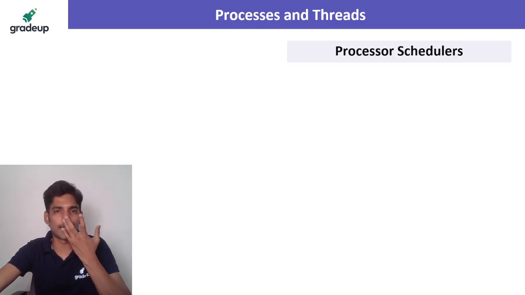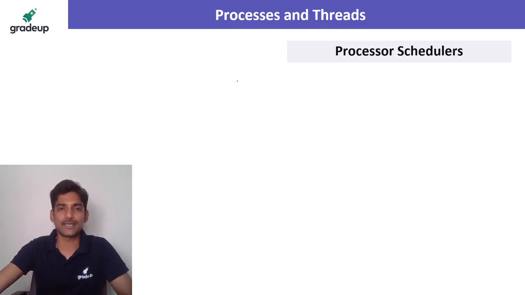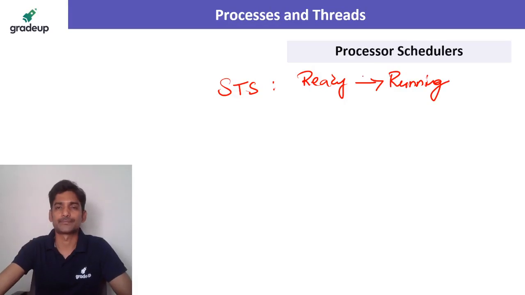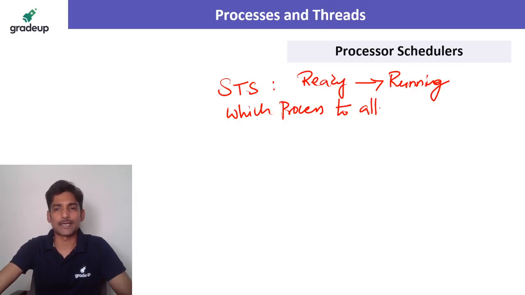Which scheduler does what? Let us try to understand. The short-term scheduler will decide the ready state to running state transition, that means which process to allocate the CPU.